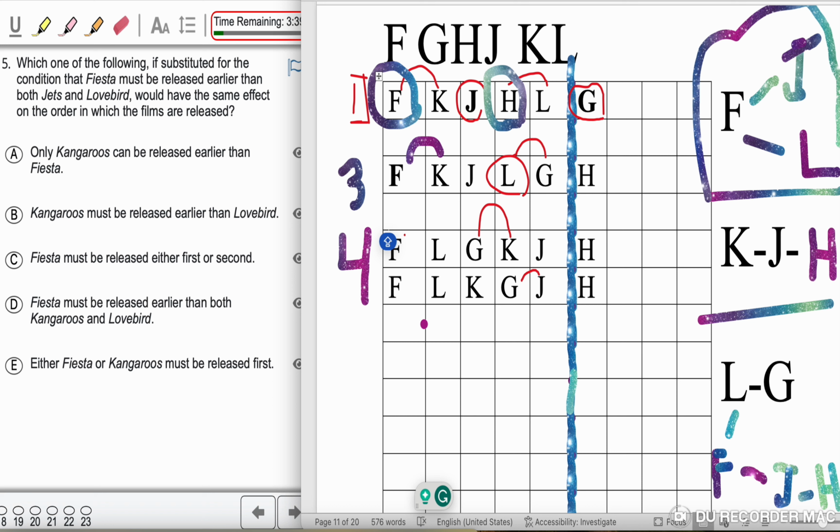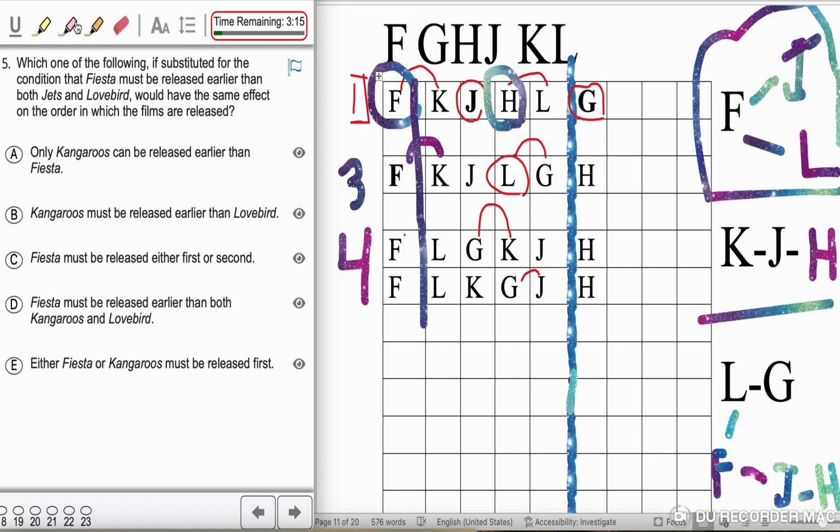One thing that I noticed is that if you draw a line, F is before K, but not only, because K can be before F. If K is before F, that kind of puts everything else in order. All of this right here after K is already in order. So let's go through the choices here.